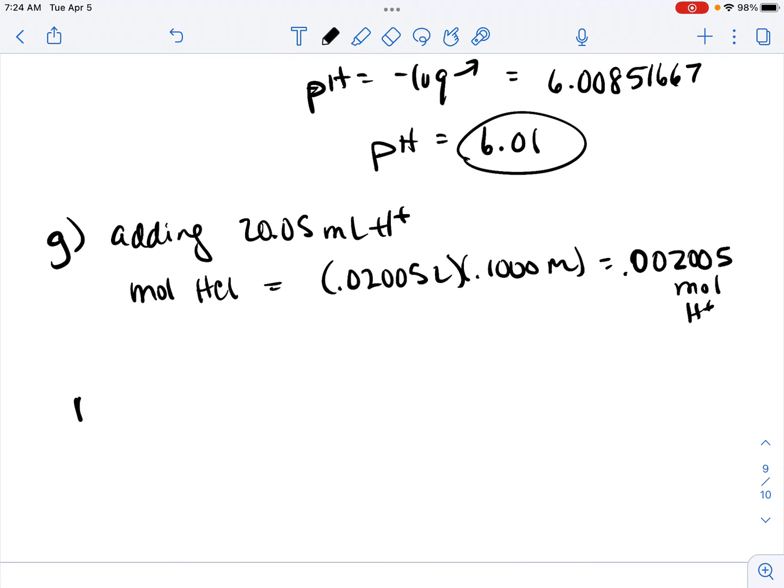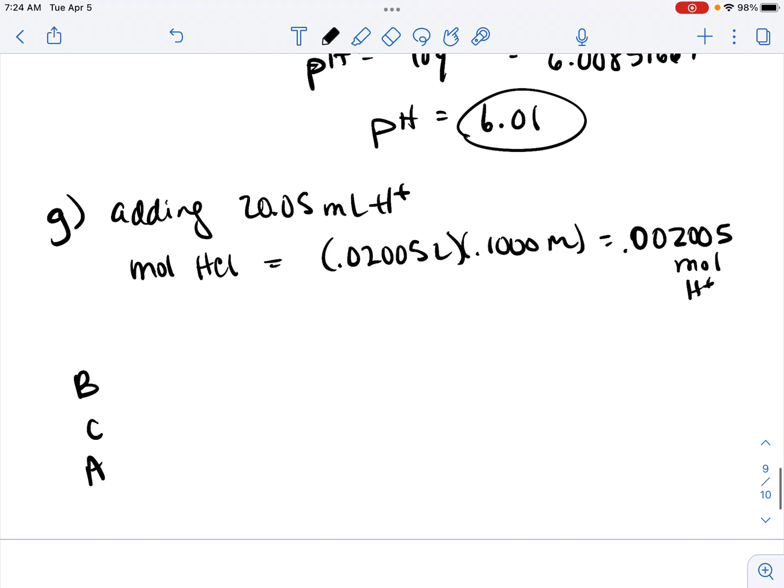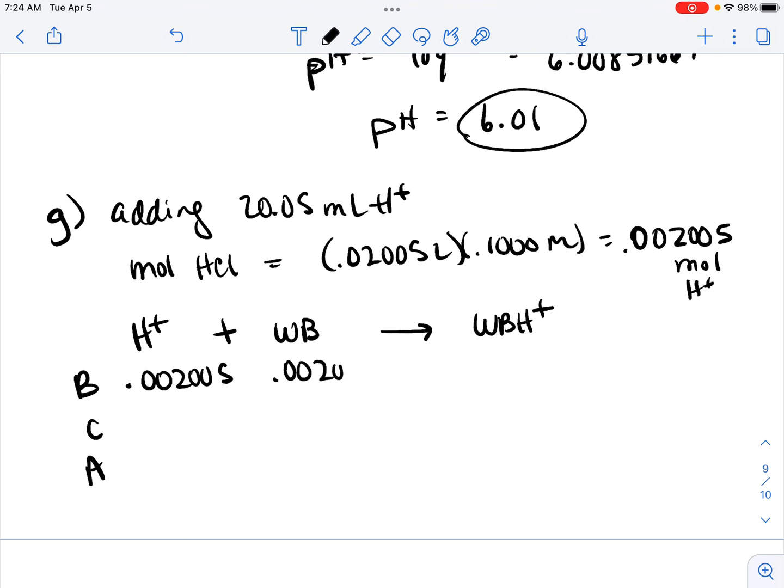I'm going to set up my BCA again in moles, so this will be H plus. Remember, when you're doing BCA, this is always your one way, so I'm going to write plus the weak base gives me my weak base with the hydrogen added. This is 0.002005. I started with 0.00200 moles, always in moles in BCA, and none of that.